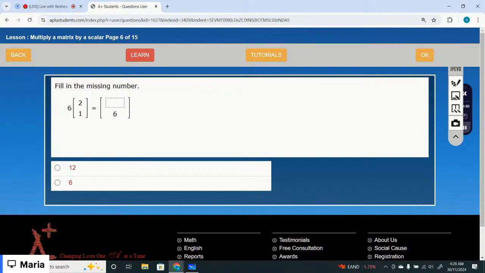Fill in the missing number. So which number is missing? That is 12. Option number 1 is the correct option.